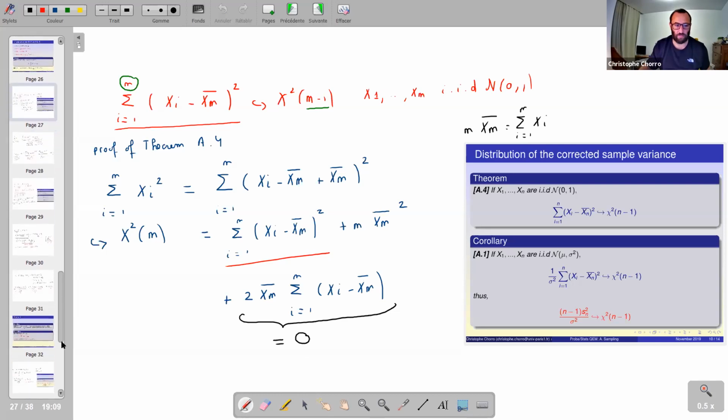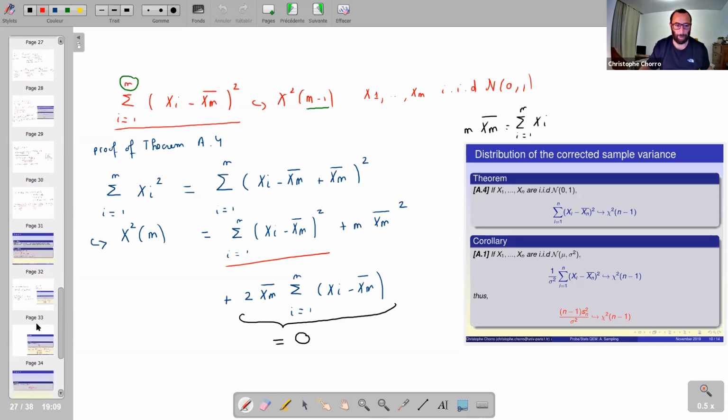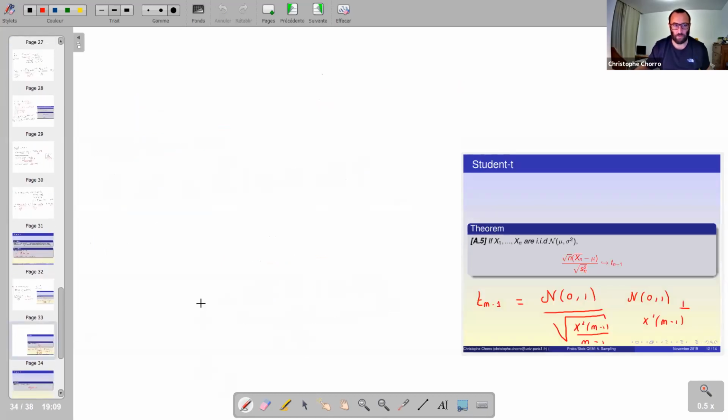So let's write it: n minus 1 Sn square over sigma square follows the chi-square of parameter n minus 1.